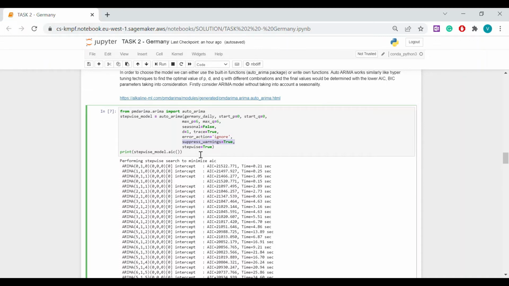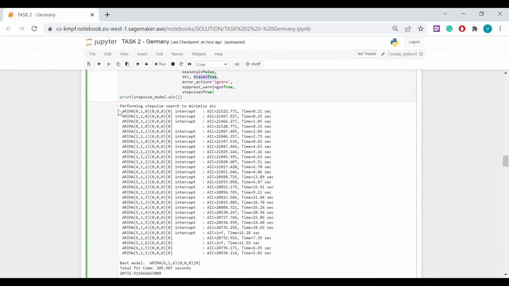We do not specify the information criterion, so the function will be using by default the Akaike information criterion. And finally, we set trace as true, which means that the function will print status on the fits.